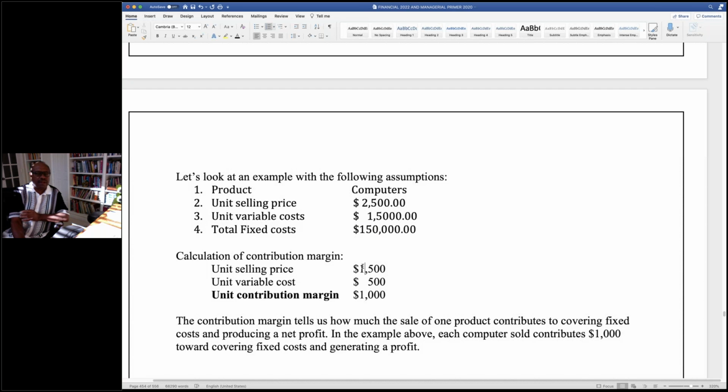So our unit contribution margin is 1,000.